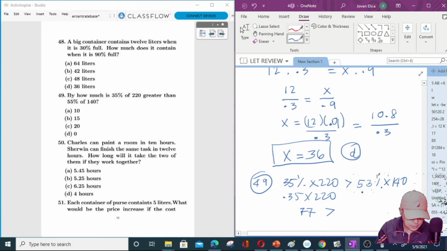So 140 multiplied by 0.55. Sorry, this is 55.